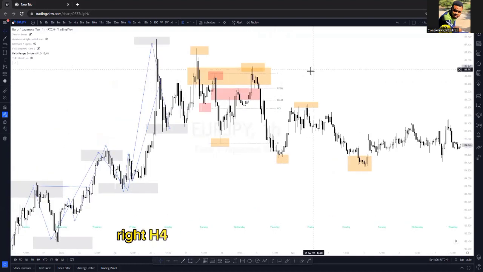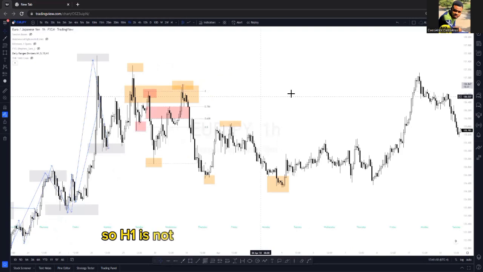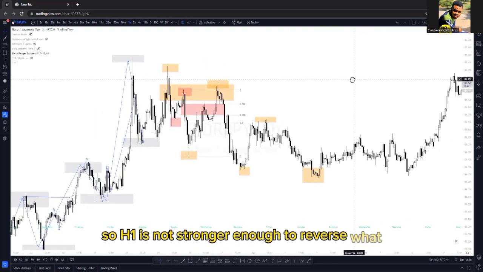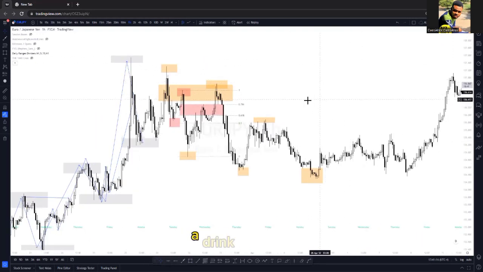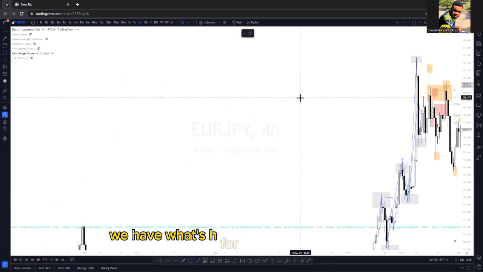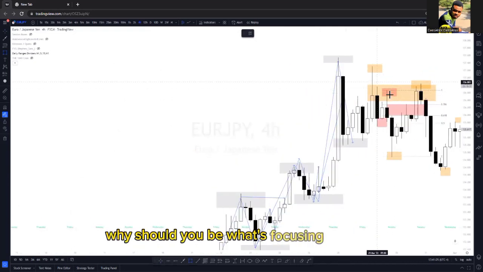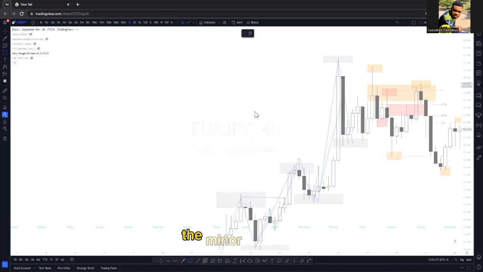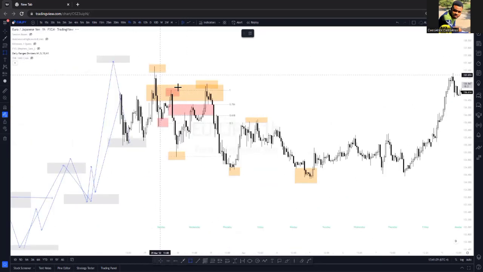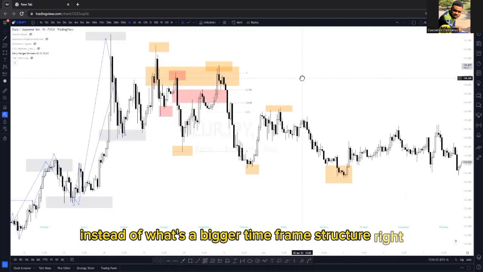Right? H1 is not strong enough to reverse a trend. Are you getting it? All right. Meanwhile, you already know we have the H4 structure already there. So why should you be focusing on the minor structure instead of a bigger time frame structure, right?